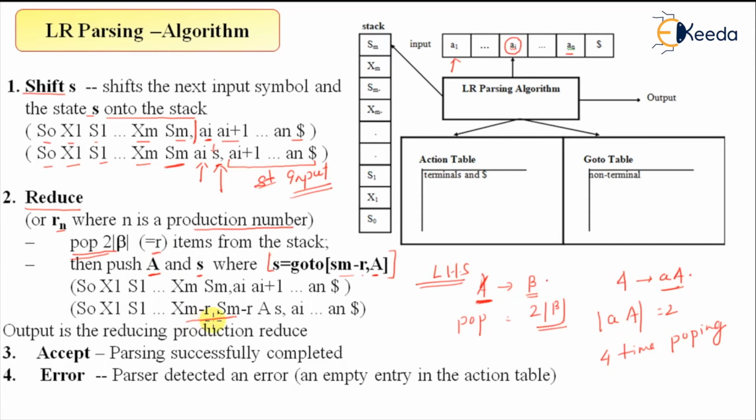So SM minus R, XM minus R, and the new state is goto of SM minus R and A. We pop 2 times beta, symbolically written as R, then go to the new state SM minus R, push A into the stack, and go to a new state. The output is the production reduced.